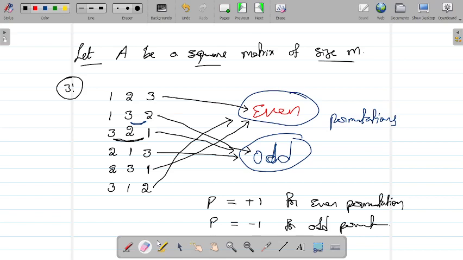Let me simply say that p denotes the number of swaps. In other words, I can define another one, the sign of the permutation. The sign of the permutation is +1 if p is even, whereas it is -1 if p is odd. I hope you understand what even and odd permutations are. Now let us define the determinant of a matrix.